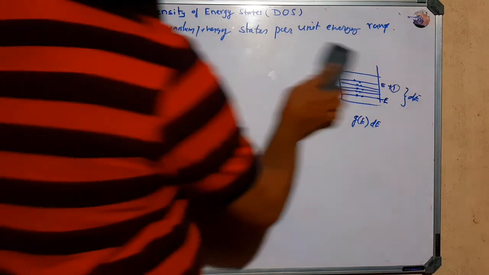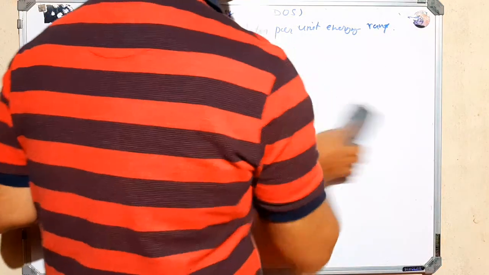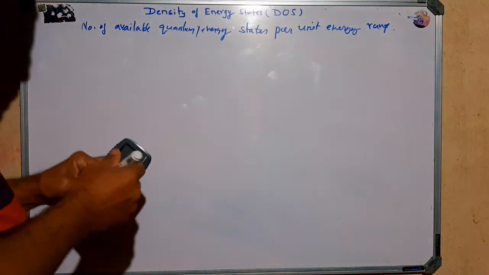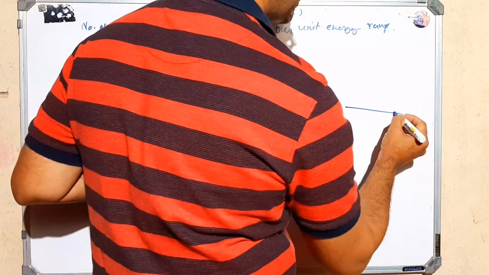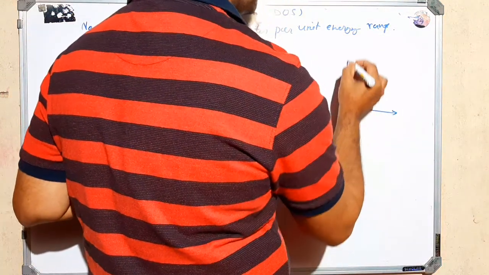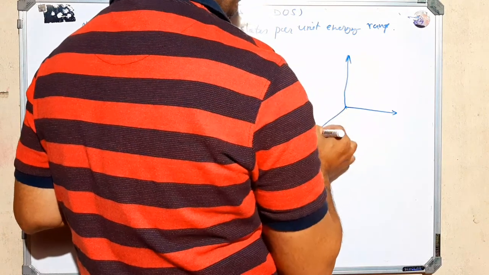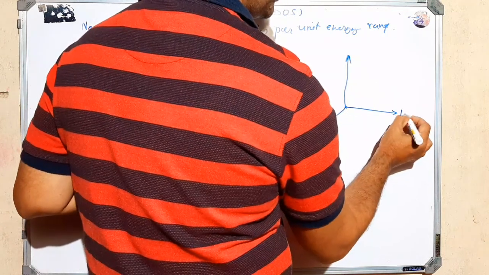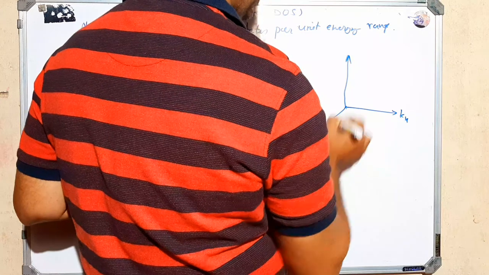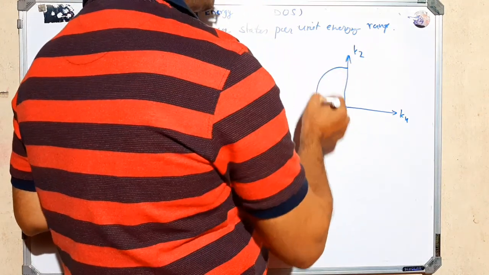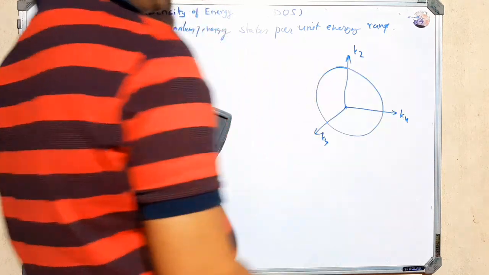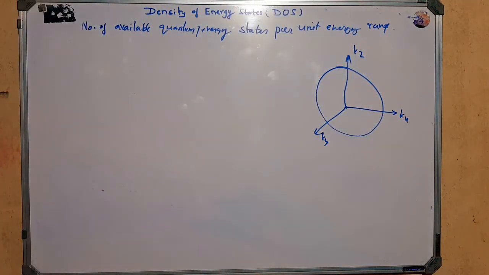See, in k space, you have studied this in the last semester. You have constructed a Fermi sphere, right? So here kx, ky, kz. For free electrons, this is the sphere you have constructed.